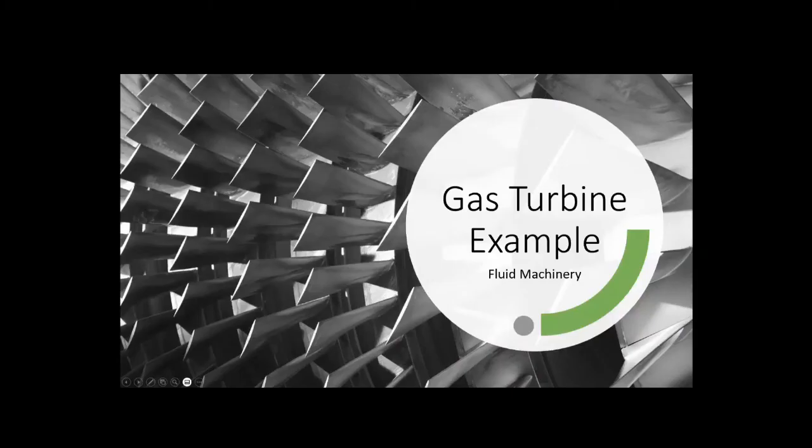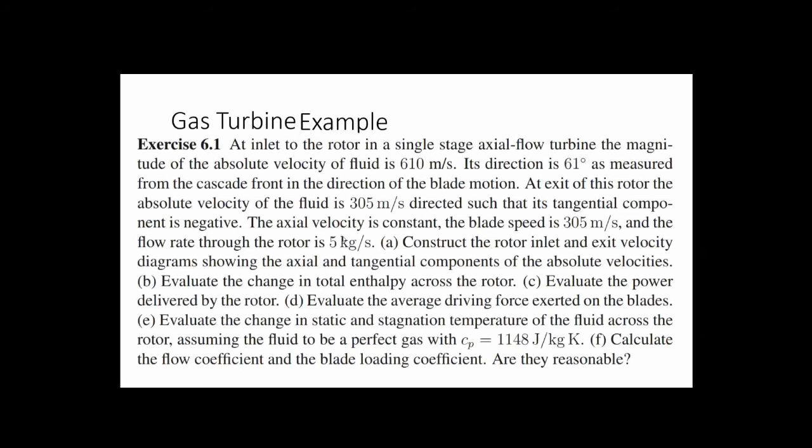Okay, next we will look into a gas turbine example. At inlet to the rotor in a single stage axial flow turbine, the pressure is 1 atmosphere. The magnitude of the absolute velocity of fluid is 610 meters per second. Its direction is 31 degrees as measured from the cascade front in the direction of the blade motion.